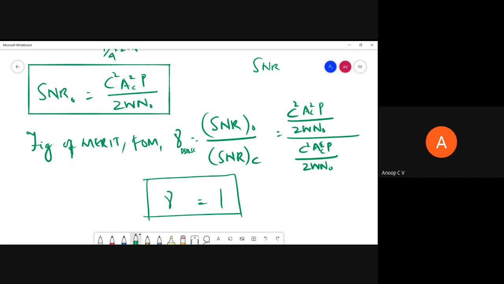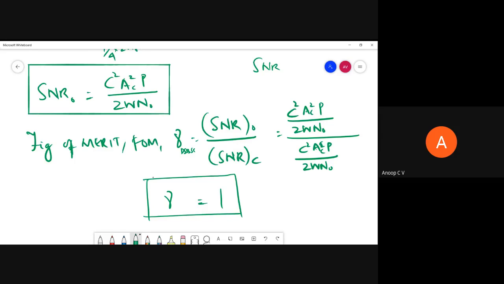So SNR will normally be greater than 1. The channel SNR and output SNR are the same, which means the ratio of signal to noise power at the input is the same at the output. It's not further worsening the situation, maintaining the SNR at the input as such at the output as well.